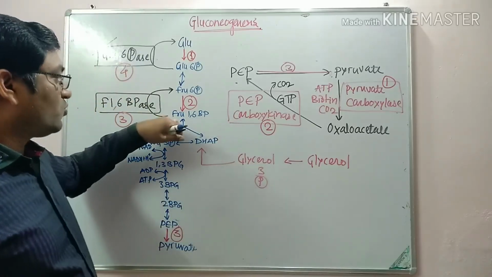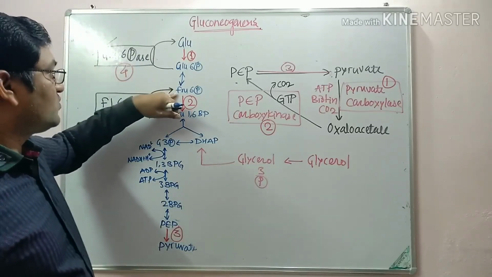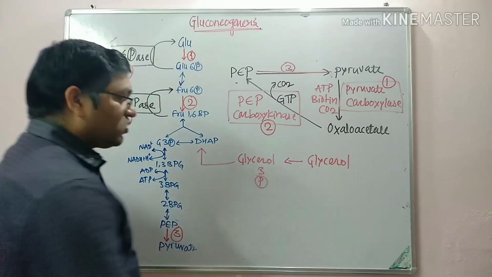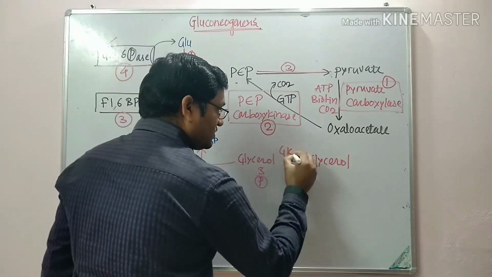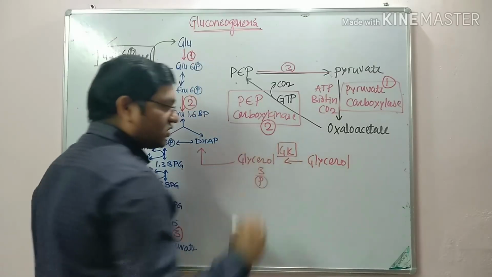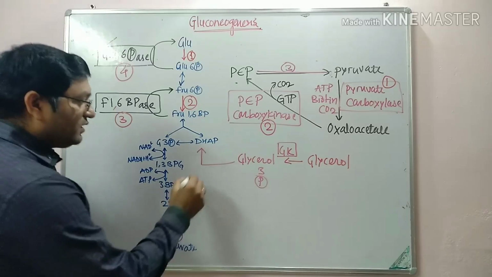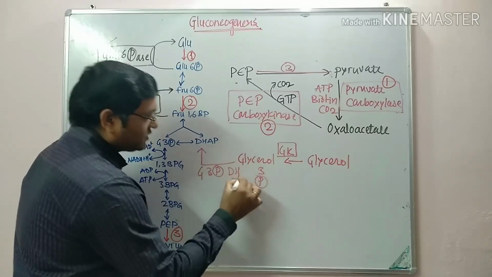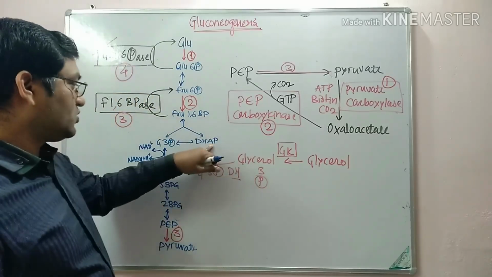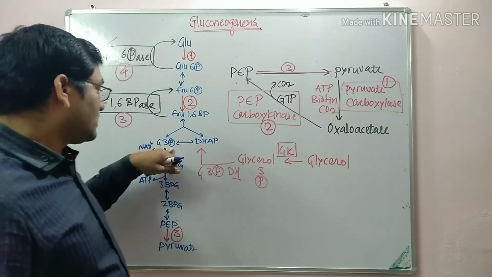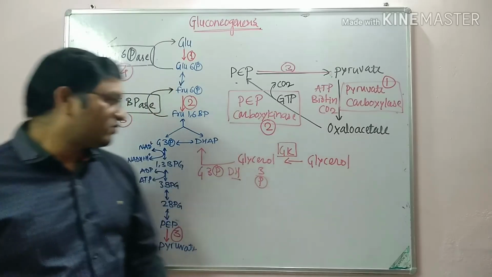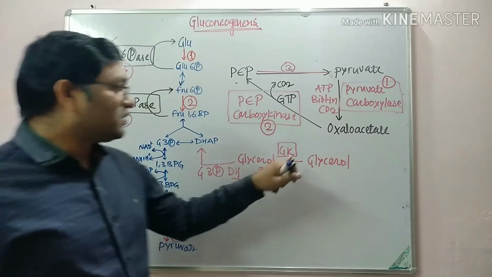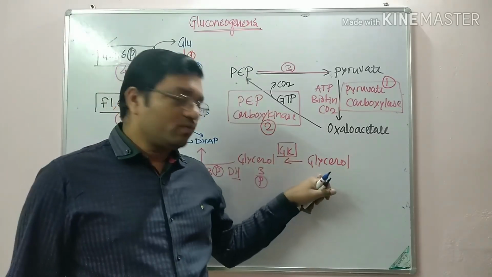Then it is converted into fructose 1,6-bisphosphate, fructose 6-phosphate, glucose 6-phosphate, then glucose molecule. With the help of glycerol kinase, it is converted into glycerol 3-phosphate, and with the help of glycerol 3-phosphate dehydrogenase, it is converted into dihydroxyacetone phosphate, which isomerizes to glyceraldehyde 3-phosphate and gives the fructose 1,6-bisphosphate and ultimately glucose molecule. So this is the synthesis of glucose from the glycerol molecule.